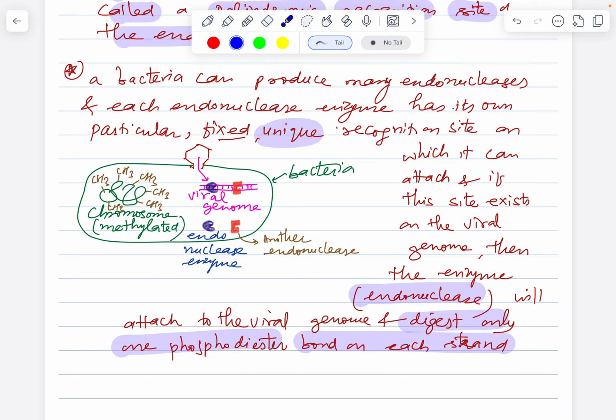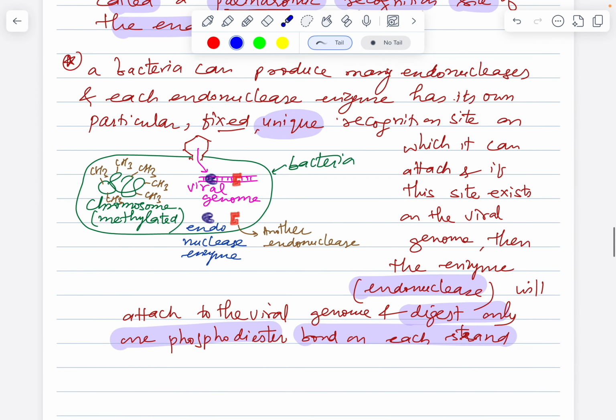If the viral genome gets cut into pieces, will the virus be able to grow inside this bacteria? No. So what have the endonucleases done? The endonucleases have succeeded in restricting the growth of the virus inside the bacteria, which is why a complete term for the endonucleases is restriction endonucleases, RE.